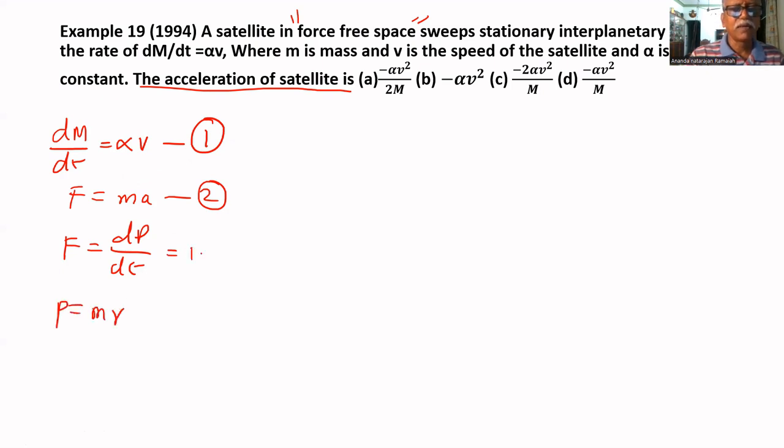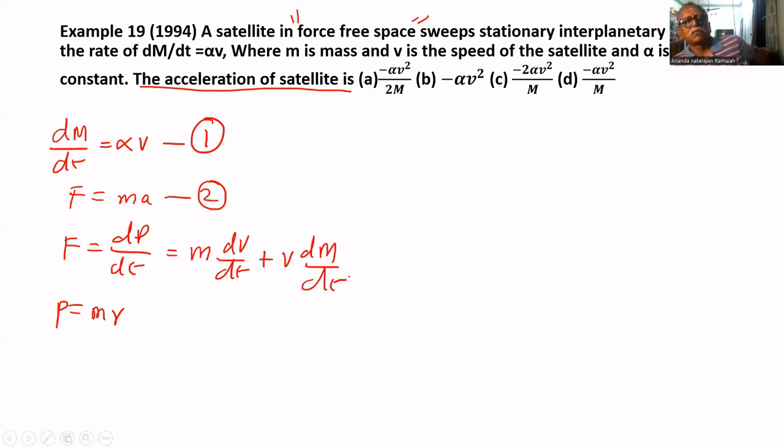That's why m into dv by dt plus v into dm by dt. That we got. Here, velocity is constant. That's why this is equal to 0. That's why dp by dt equal to v into dm by dt.